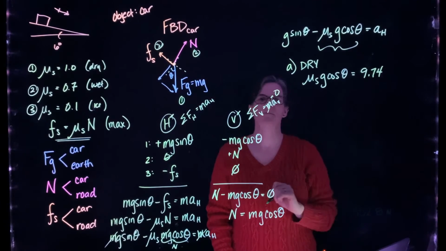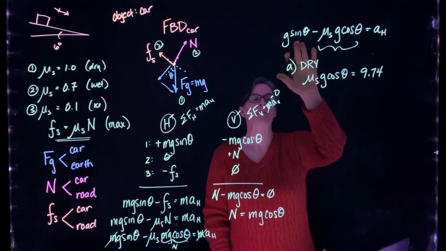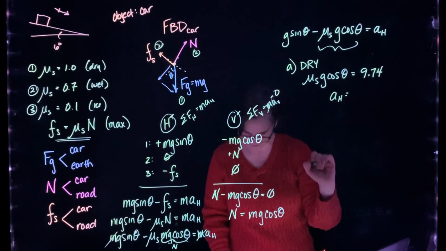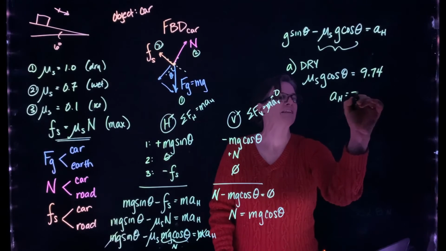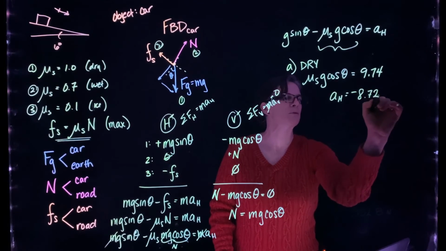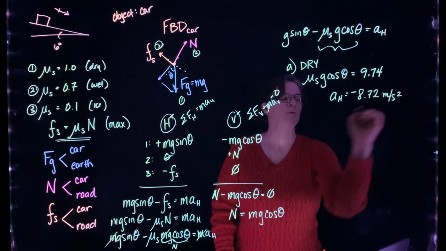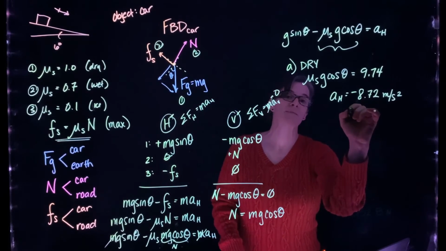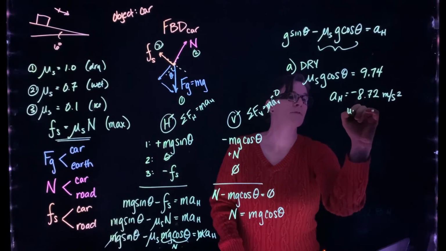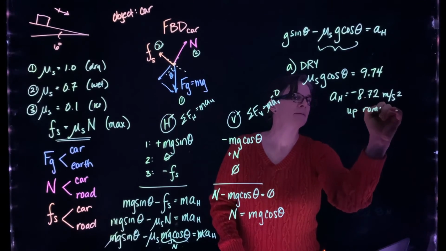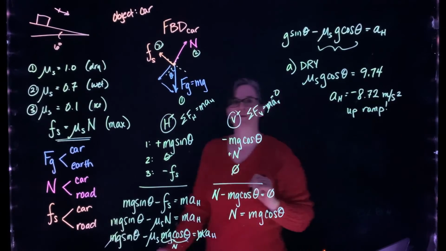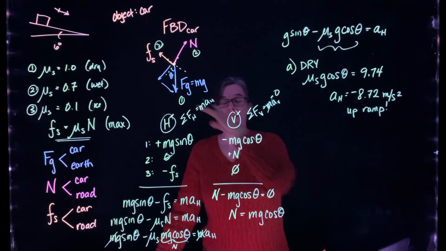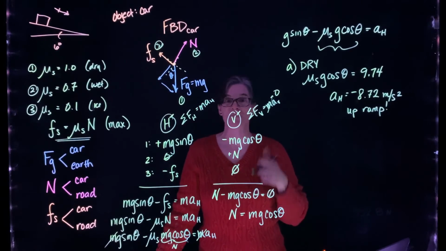And when I plug that into my relationship, I find that horizontal acceleration to be negative 8.72 meters per second squared. What does this negative tell me? It tells me that acceleration is up the ramp. So the car is going to slow down. It's in the direction opposite the motion.